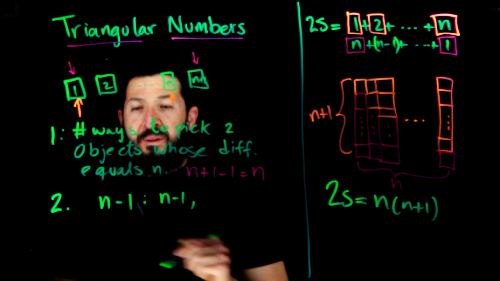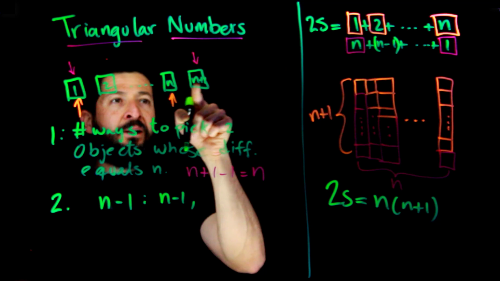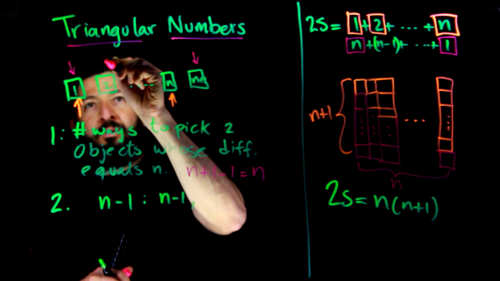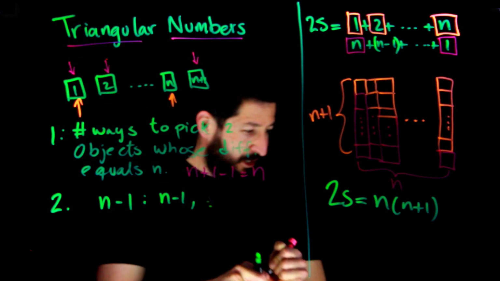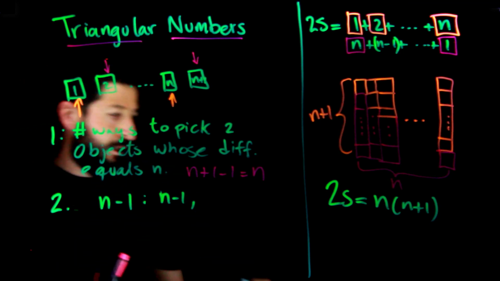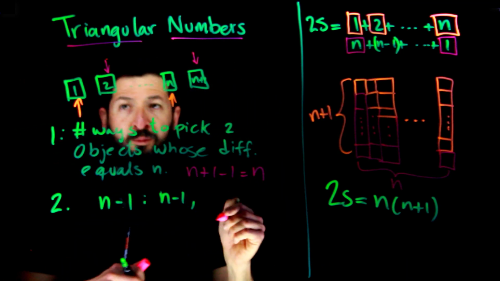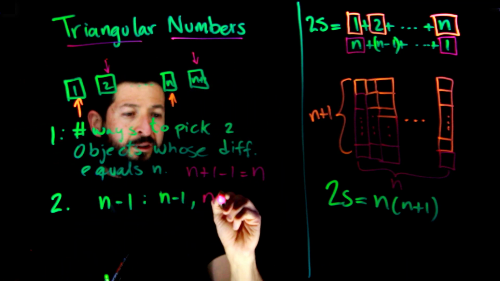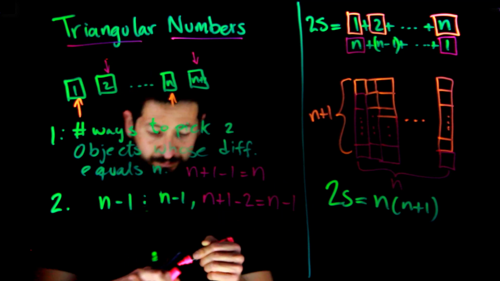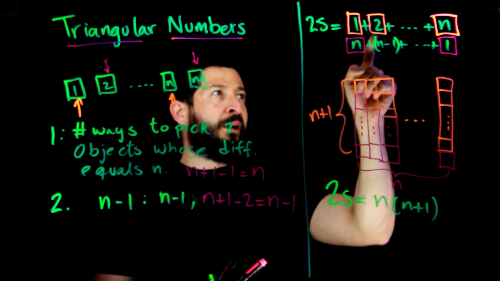That's one of them. And the other one is when I do n plus 1 minus 2, which is also n minus 1. So that's going to give me my 2.